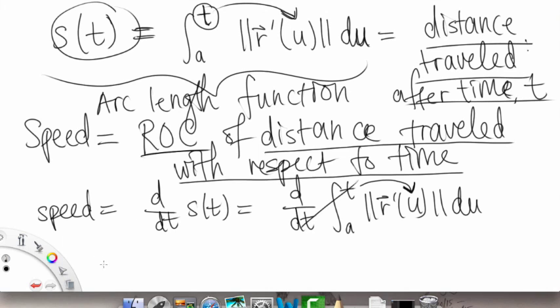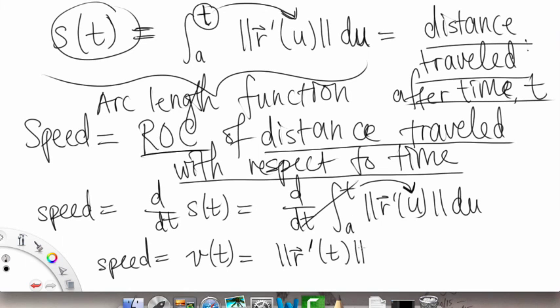So we have that speed, which is also denoted as a little v of t. This is not a vector valued function, it is a scalar valued one, so it doesn't get an arrow. Okay, so this turns out to be simply the magnitude of r prime of t.